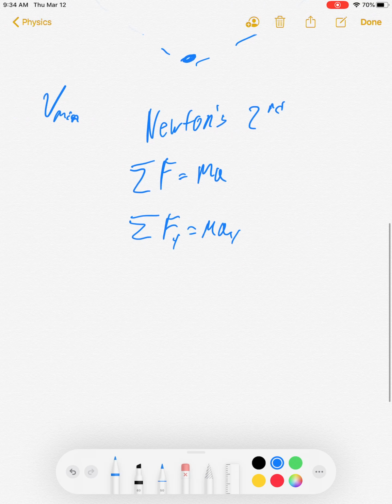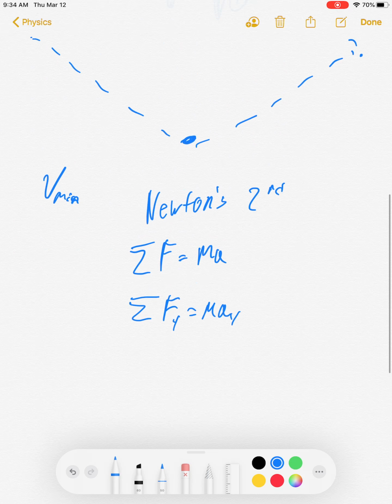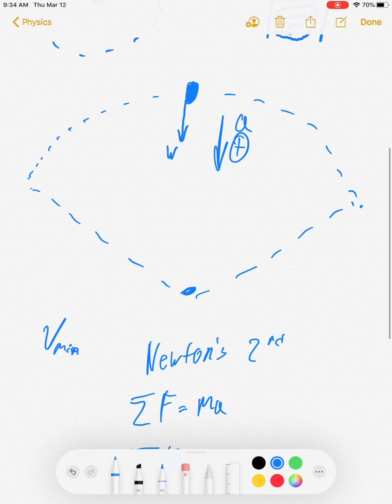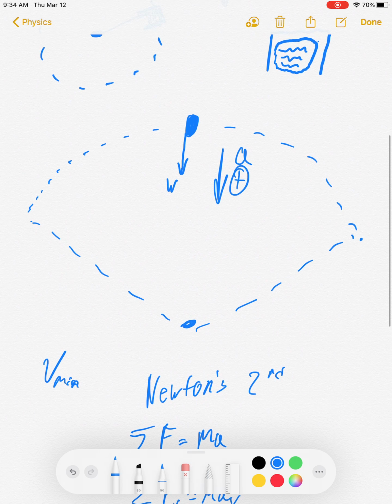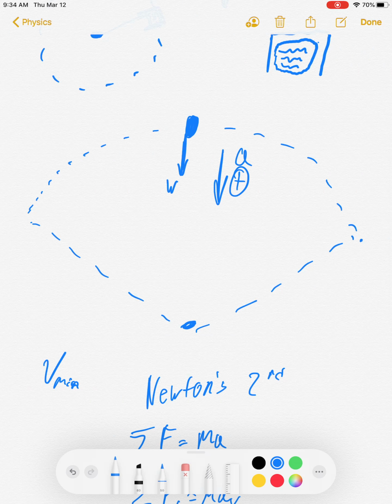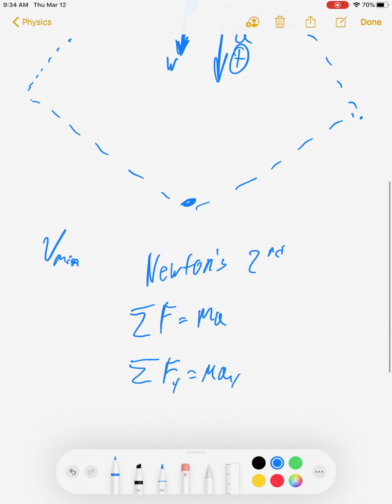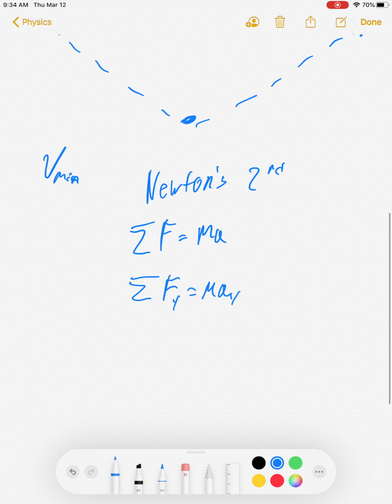I'm also going to note that from our free body diagram, the sum of the forces is just equal to W. There's only one force in this situation on the water, and that's the force of its own weight because it's not touching the pail anymore. So the sum of the forces in the y direction is going to be equal to W, which is the same thing as mg.